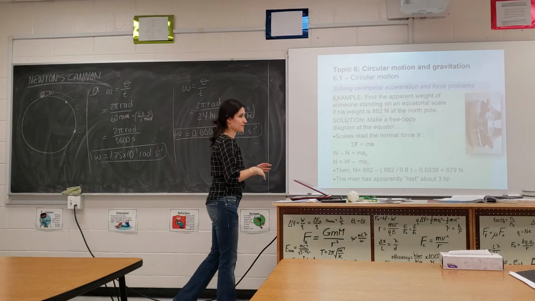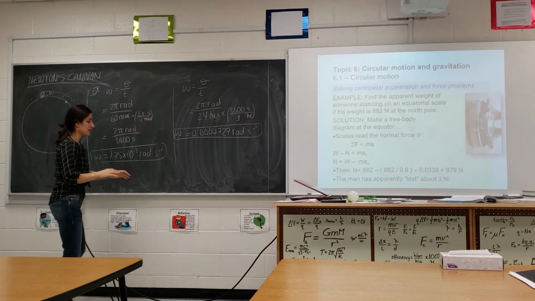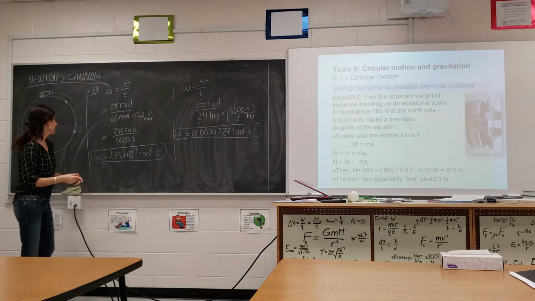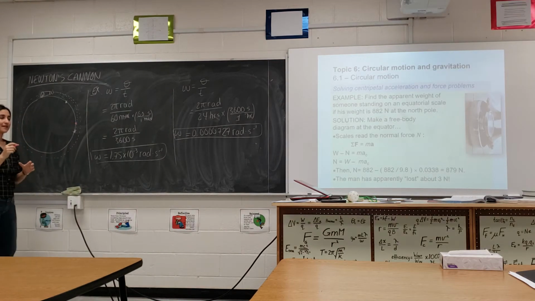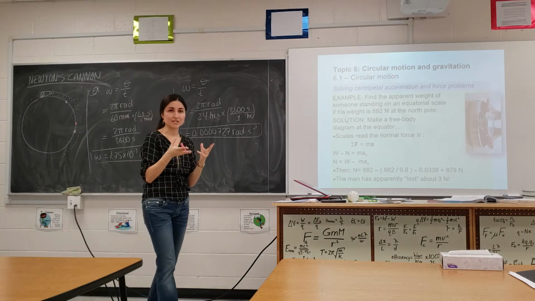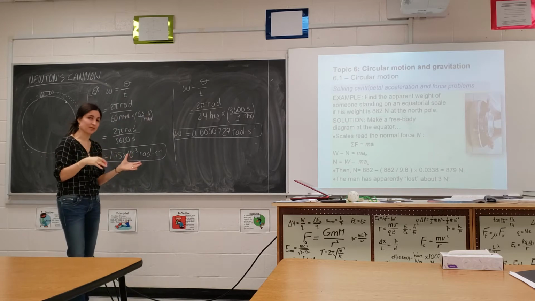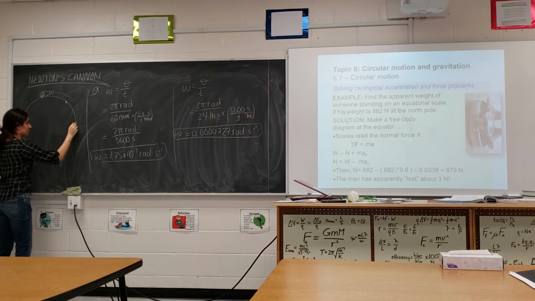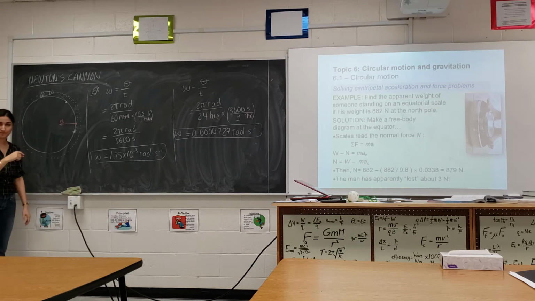Let's figure out net force. Now, let me use this as an example. When you're on a certain position on the Earth, let's say you're on the equator, wherever you are, the gravitational force always points toward the center of the Earth. We usually say down, but down is toward the center of the Earth. So at this position, the weight is going towards the center of that circle.